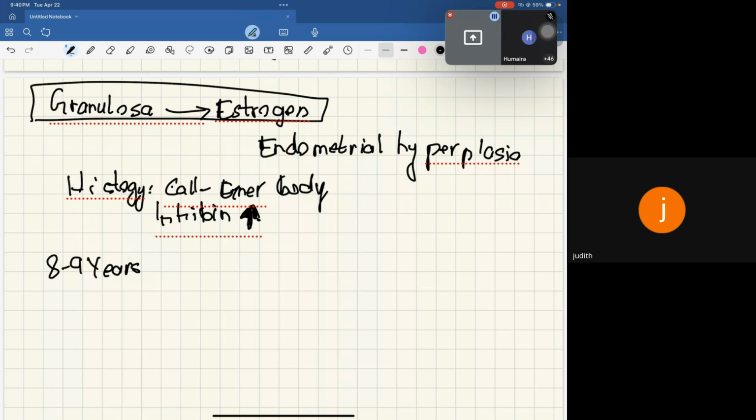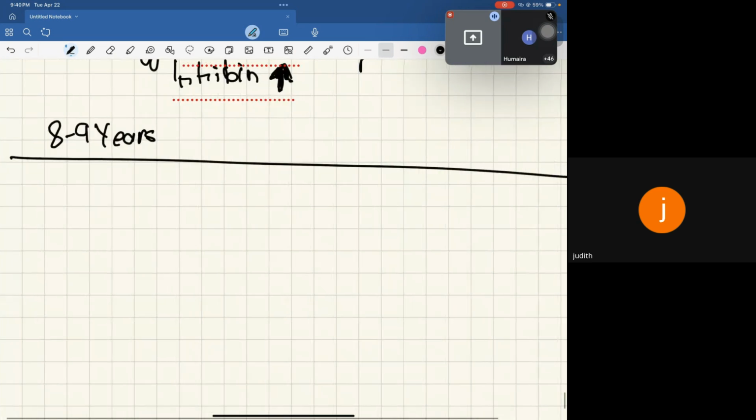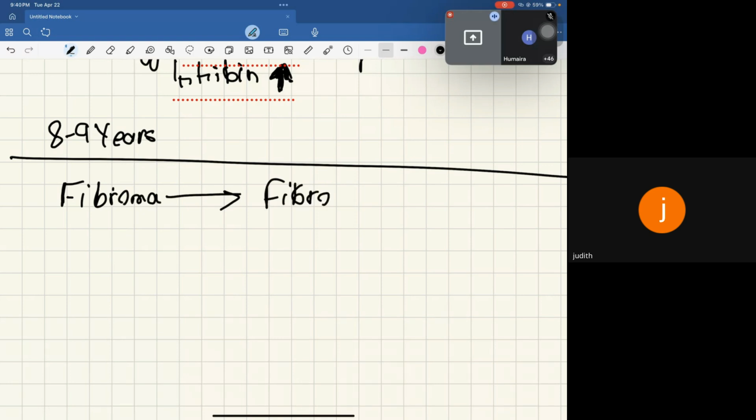Another tumor that is a sex cord stromal tumor is the fibroma. Fibroma is very simple. It is due to the proliferation of spindle cells, fibroblasts. The important thing about this tumor is that Meigs syndrome occurs in it. So, what is Meigs syndrome?